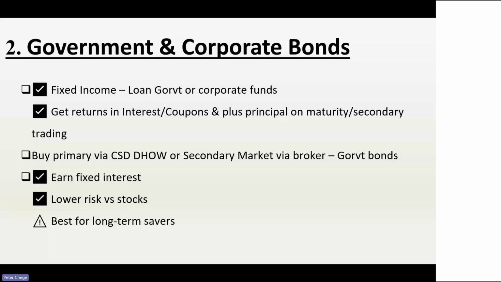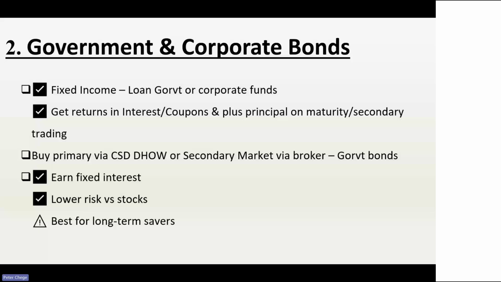So important to note, government bonds have very low risk compared to corporate bonds, which have a slightly higher risk. But then for corporate bonds, their interests are low. Selling before maturity can result in loss if market prices are down. So you always check the prices. And as AIB, our bonds desk, they are always ready to assist you.